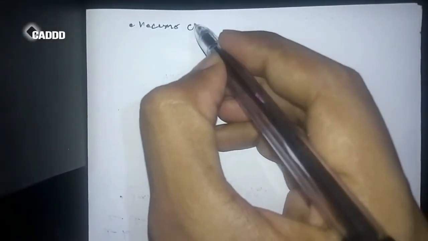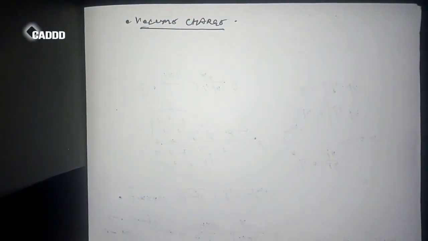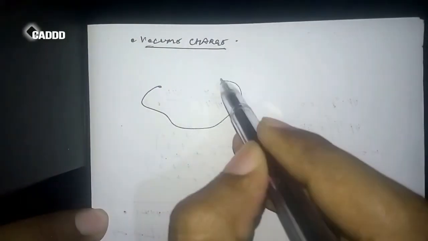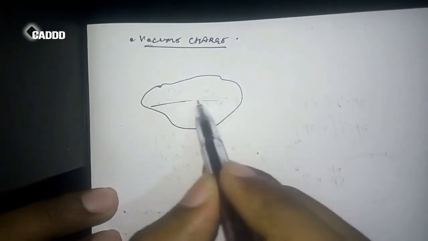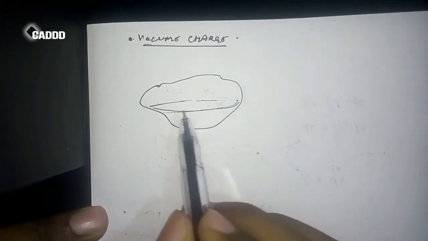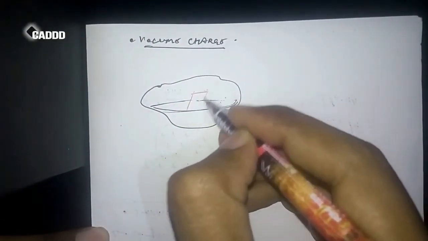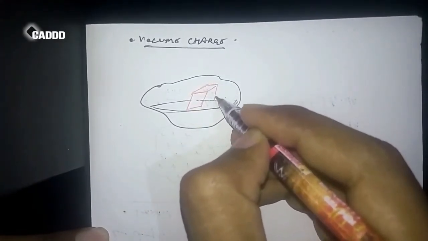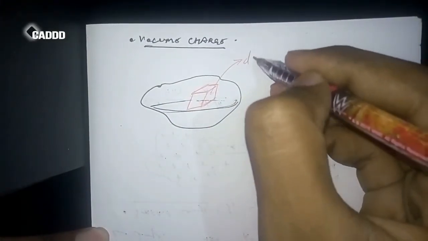Volume charge. Again, let's say we have taken this volume. This shows that it's a volume. Again we take a small amount of volume, like this, and this cube's volume is dV.